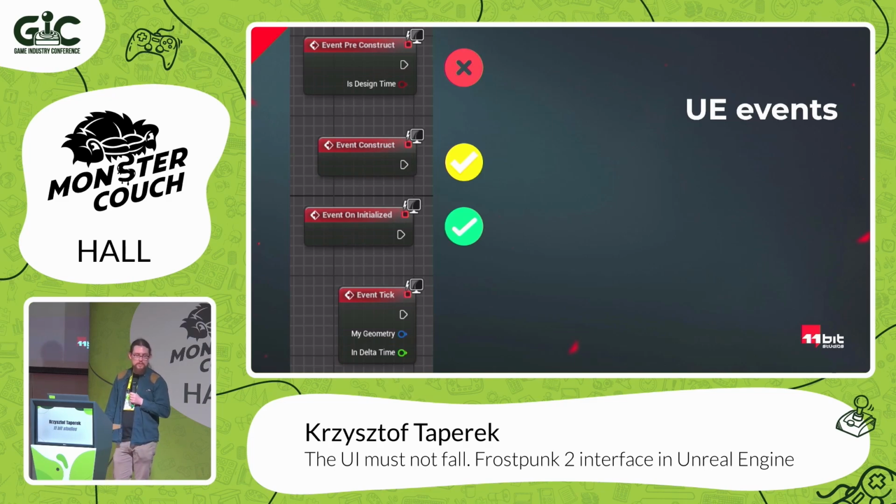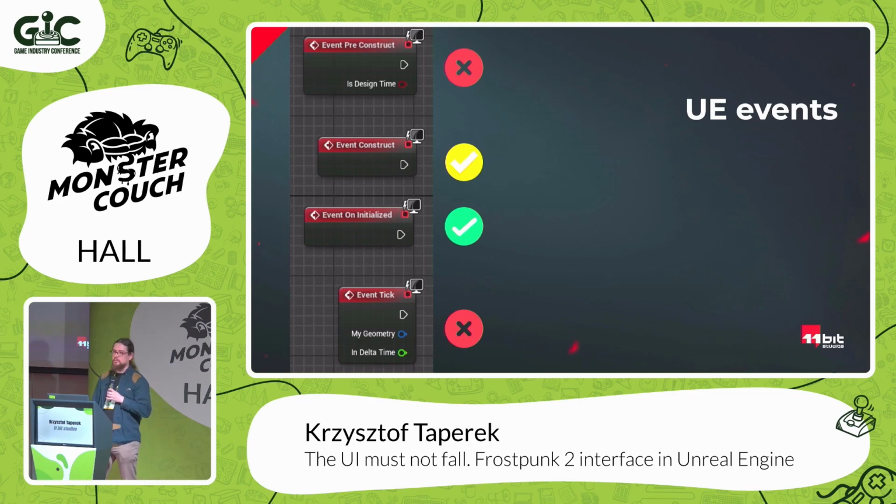When we are calling OnInitialized, we are sure that gameplay is already loaded, and we can always get all data from the gameplay. And the last one, Event Tick, we are just not using it. Of course, we have a few exceptions as usual, but as a general rule, we are not ticking widgets.